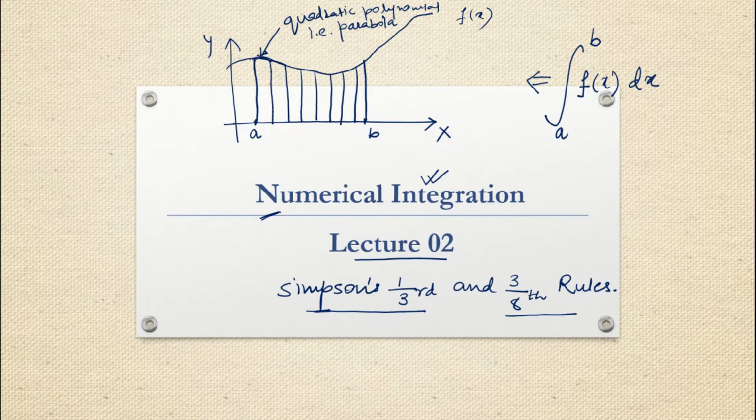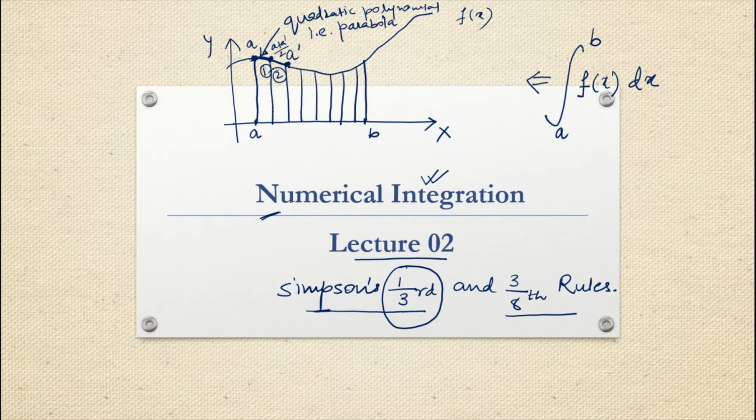We are trying to match a parabola with this curve. In Simpson's 1/3 rule we focus on two intervals, and in between we take the midpoint of the 2 end points. Suppose this is your a and this is your a dash; we consider one more point, (a plus a dash) by 2. These 3 points are the points of the parabola.